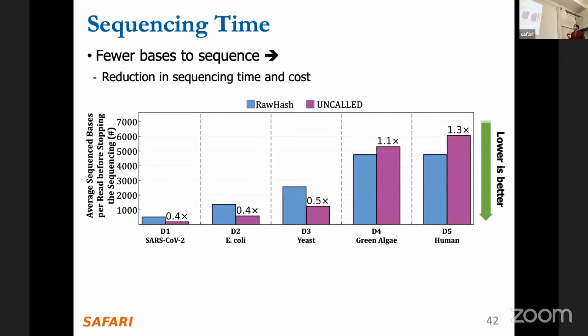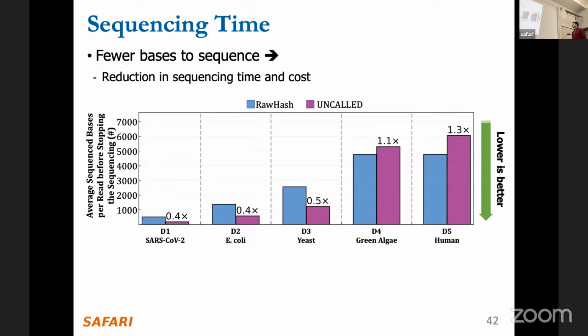The second result that we show is the potential benefits in reducing the sequencing time and cost. On the y-axis of this figure, we show the average number of bases that each tool needs to sequence before making a mapping decision. Lower is better, because it means that you need to sequence less. On the x-axis, we have the different data sets.